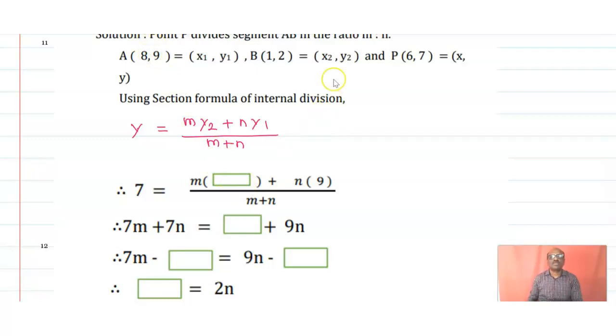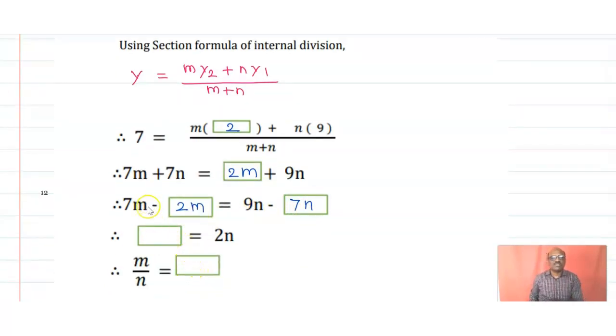Okay, the value of y2 is 2. Okay, now here the cross multiplication. 7m plus 7n is equal to 2m plus 9n, and afterward on one side we will bring the m terms, 7m minus 2m, 9n minus 7n. Okay, and their subtraction, how much will we get here?